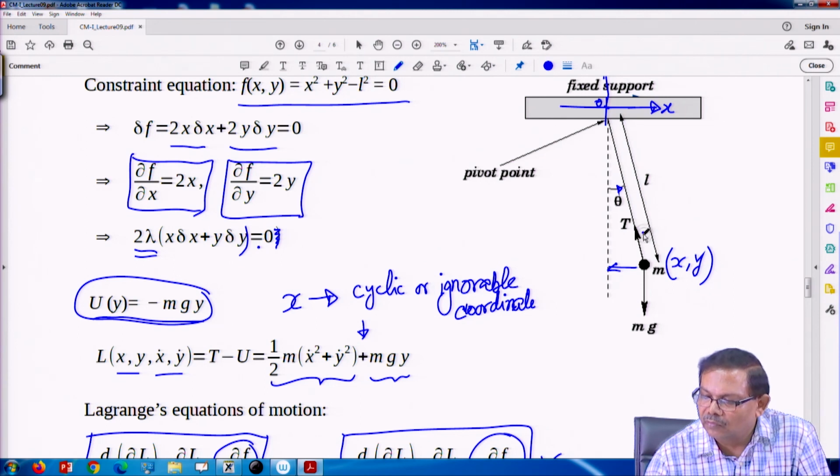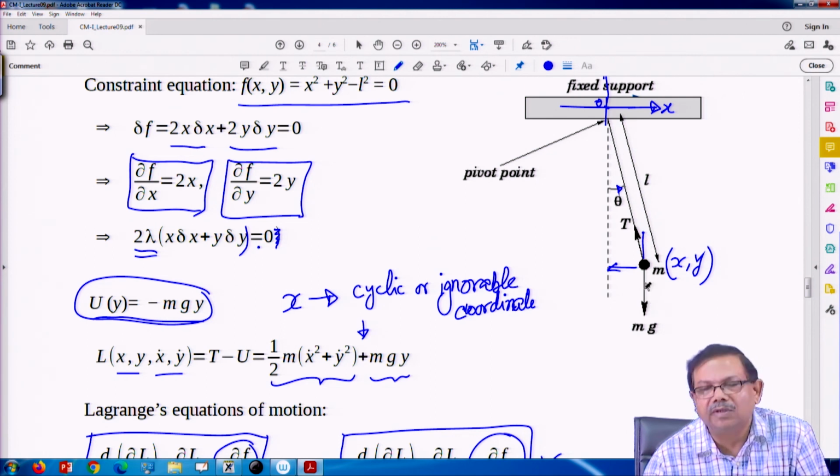In the y direction, the tension component is T cos theta, and the difference between this and the weight drives the bob.